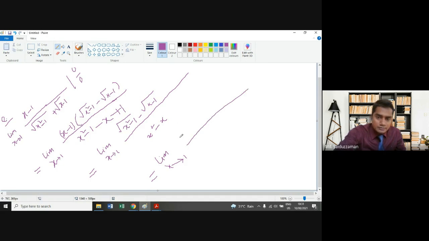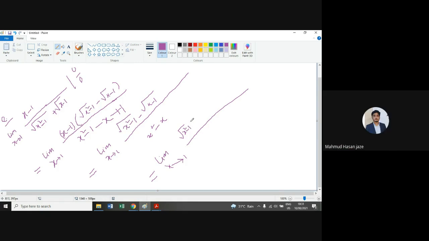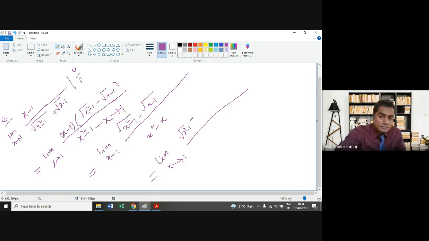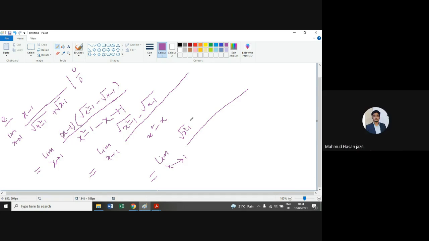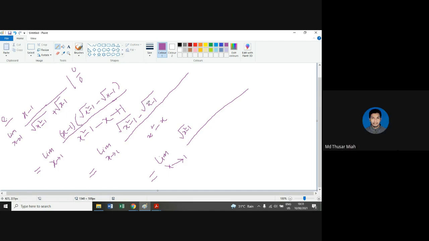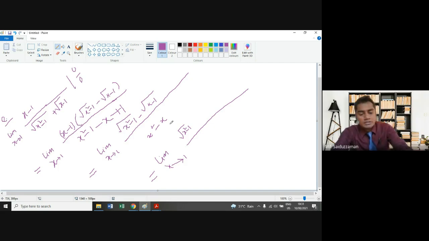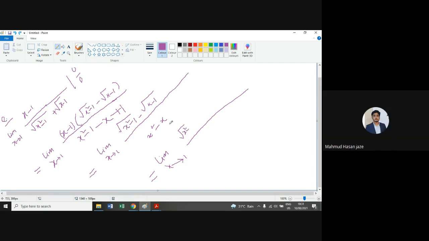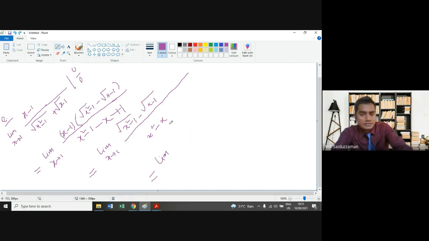Here, what is the value? Square root of x squared minus 1. Sir, in the upper part, x minus 1. Where is the x minus 1, sir? From the second line, you didn't write. Oh my God. Then our math is done, I think. Sorry.